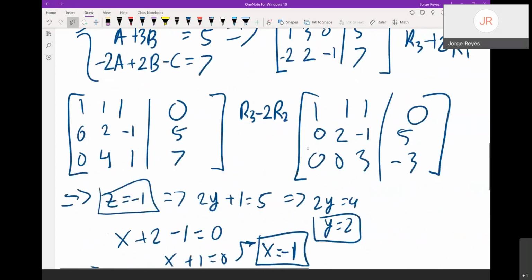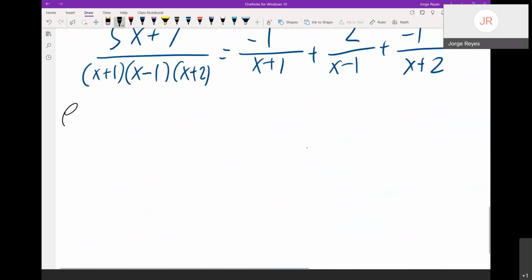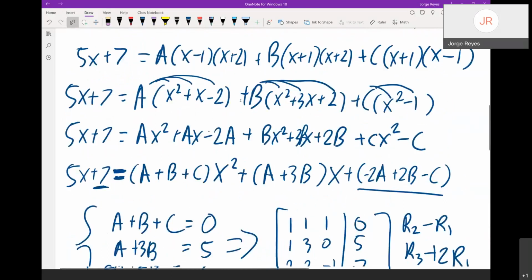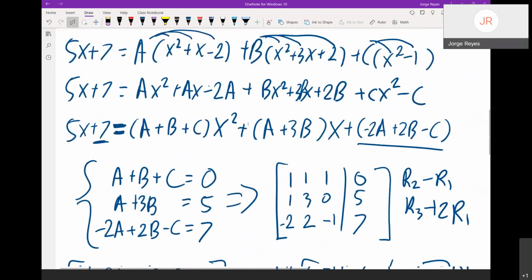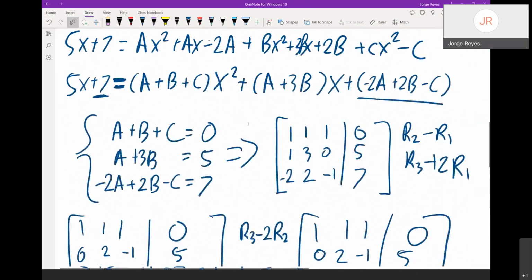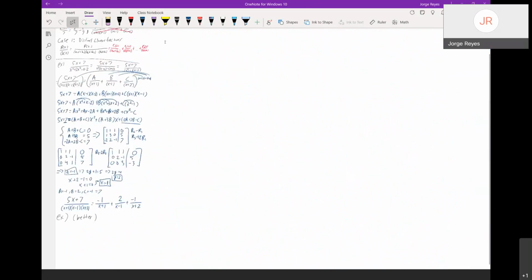All right, I want to make this a big deal. If you learn one thing from me in this entire class, if this is the one thing you learn from me, I'm happy. Everyone teaches partial fraction decomposition this way, and I really don't understand, because if you look at it, it's a lot of work.